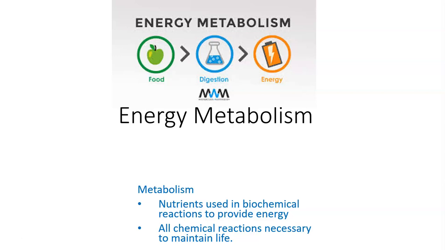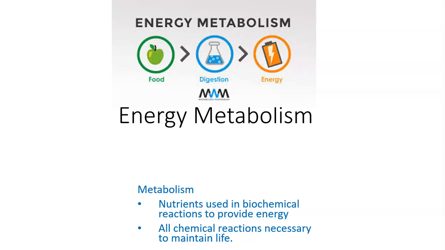And just like you might think of metabolism meaning how quickly you can burn through calories, metabolism relies on those nutrients that we ingest. So whatever food we eat is being broken down and absorbed to give us the molecules to make ATP.